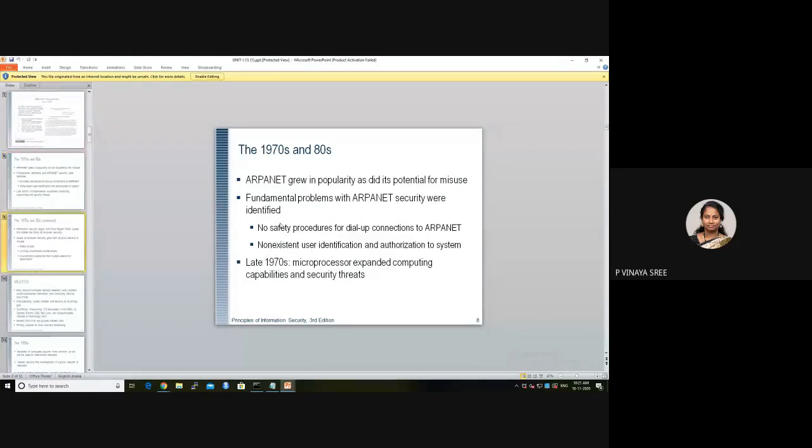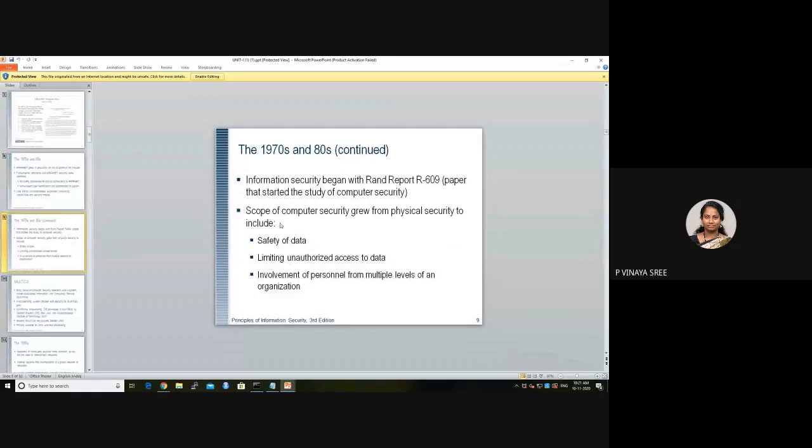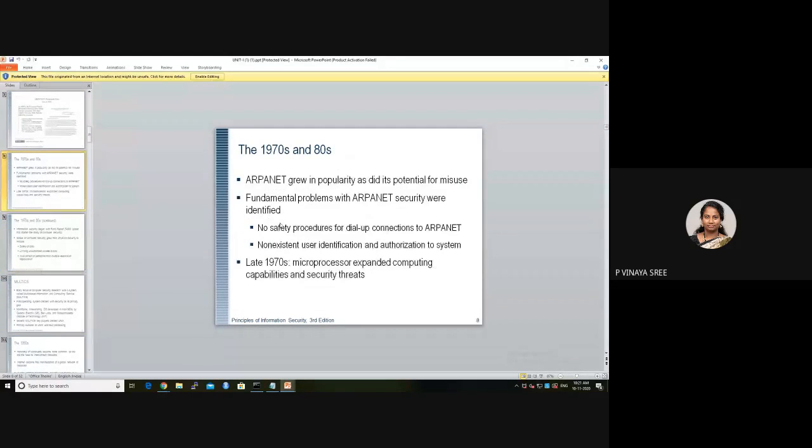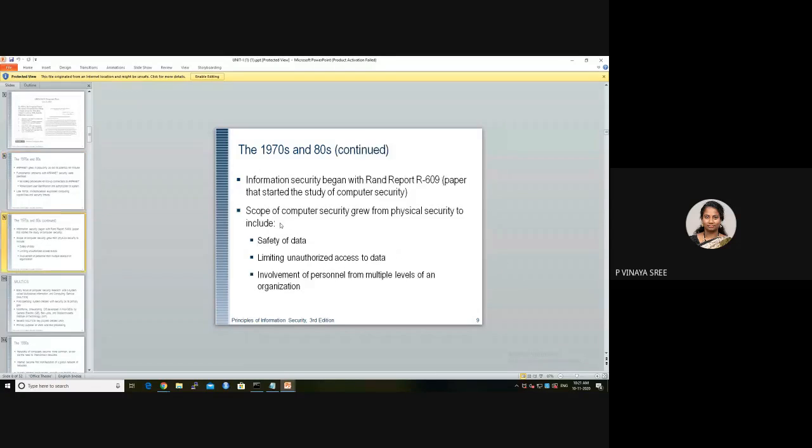After ARPA was introduced, because of its popularity, resource sharing increased, so they started thinking about security.